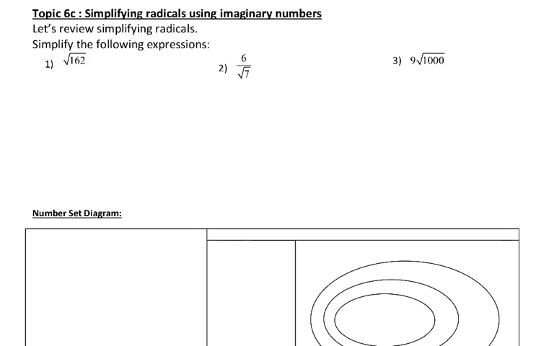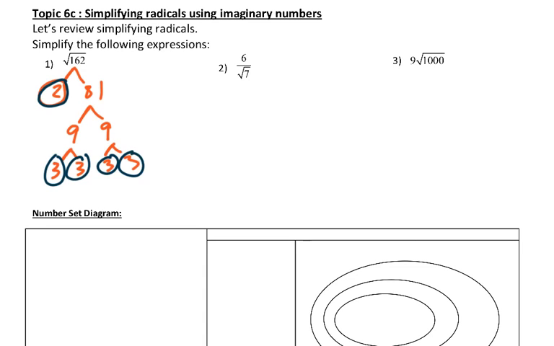So number 1 here, I'm going to start by breaking it down into its factors. So 162 can evenly divide into 2 and 81. 2 is prime, so I like to circle that, and 81 is 9 times 9. Neither of those are prime, so we can keep going with 3, 3, 3, and 3. Now all of these are prime, so they get circles.